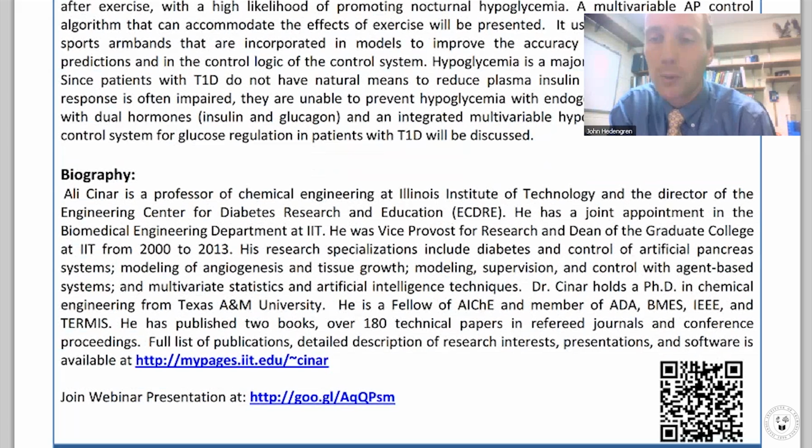He got his PhD in chemical engineering at Texas A&M. He's a fellow of AICHE and a member of a number of organizations. He's published 2 books and over 180 technical papers in refereed journals and conference proceedings, and certainly an accomplished individual in terms of the body of research that he has produced.